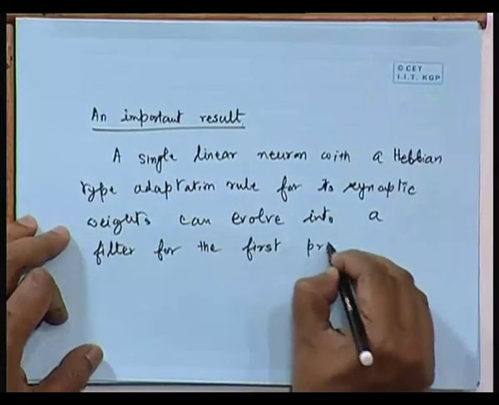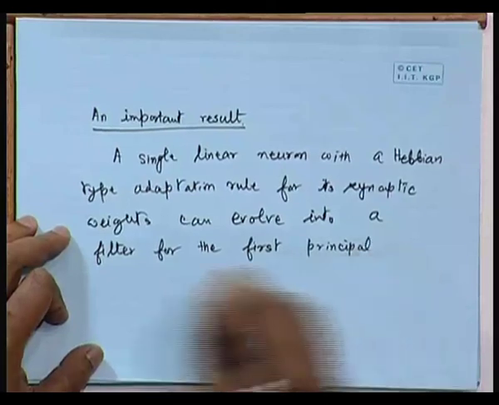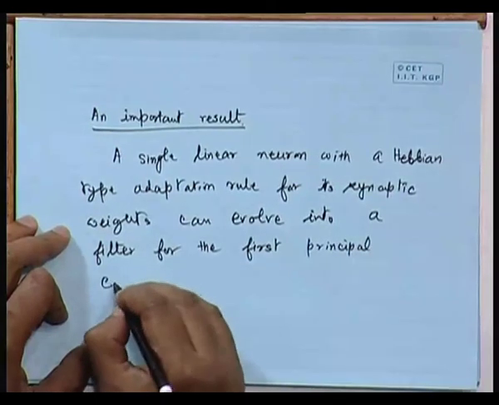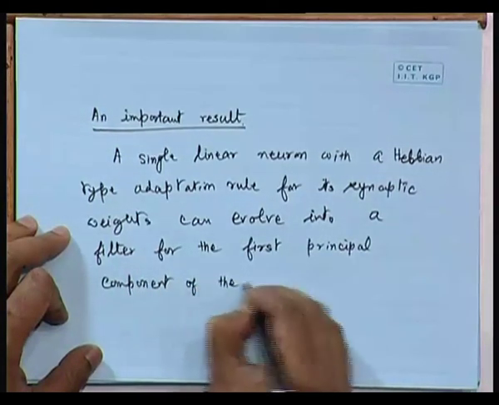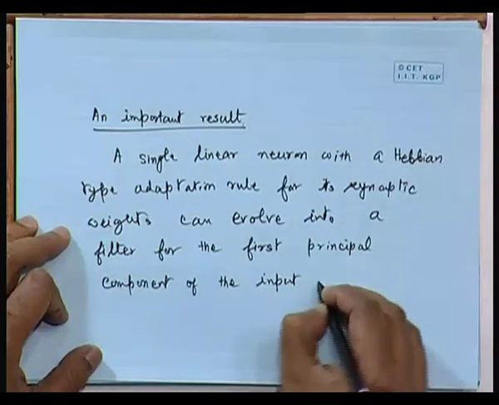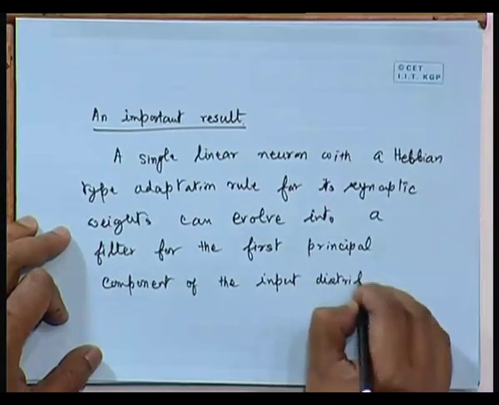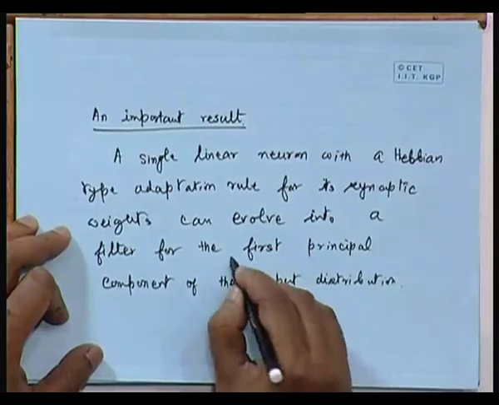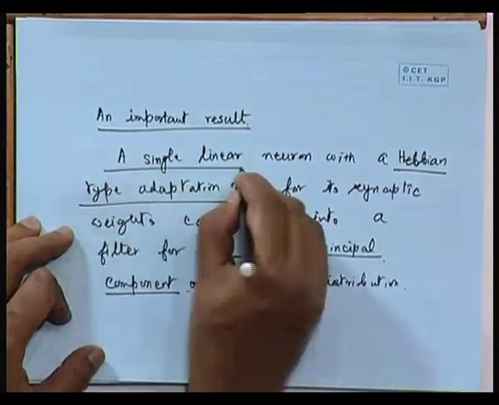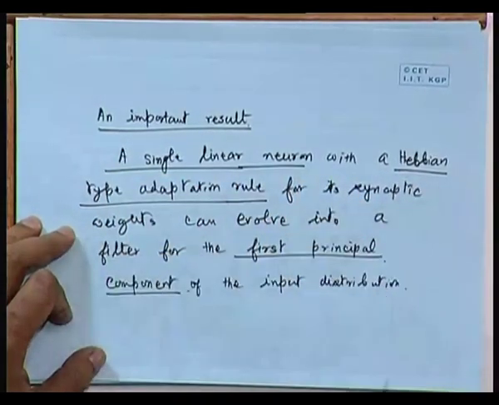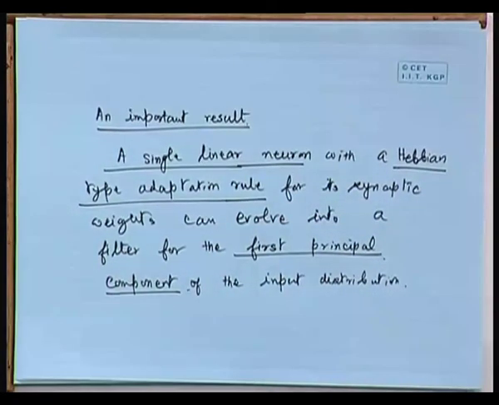The definition of the first principal component I have already given. So a single linear neuron having a Hebbian type adaptation rule will give you the first principal component. This is a very important result, and this was pointed out by Oja.